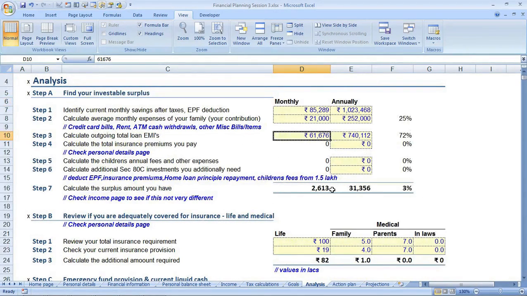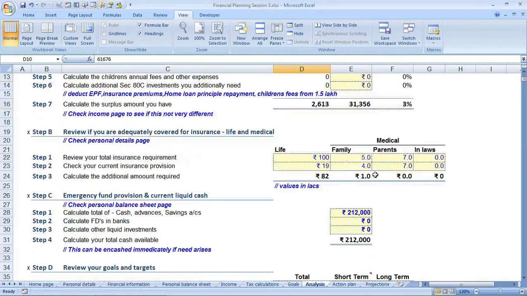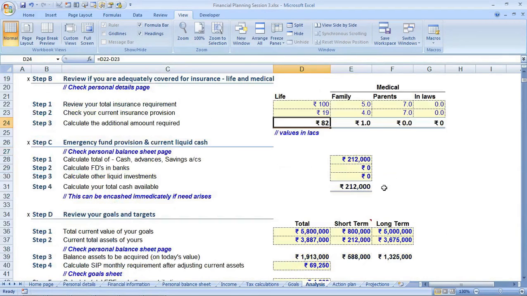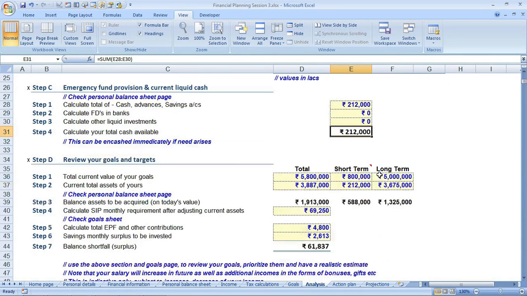He doesn't have much investable surplus because of the high loan payments. Then from step B we found out that he would need additional insurance, probably term insurance for his life. And step C, though he has emergency cash, he might have to rely on his credit cards in case of any emergency if he uses this cash for debt payment.